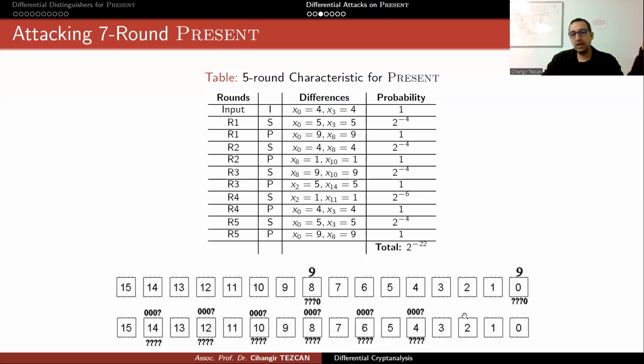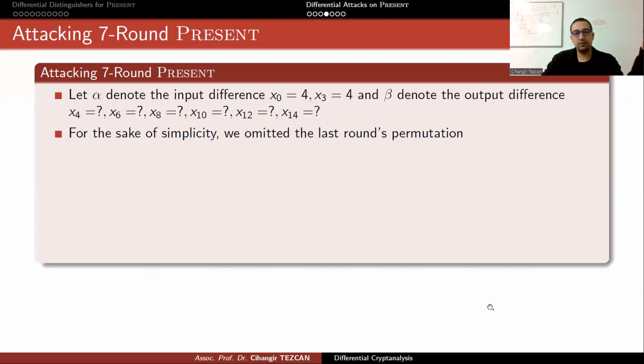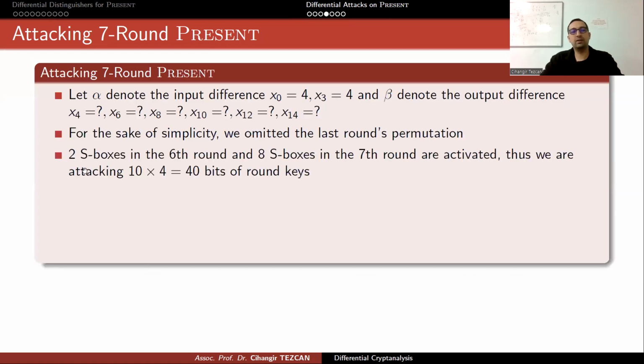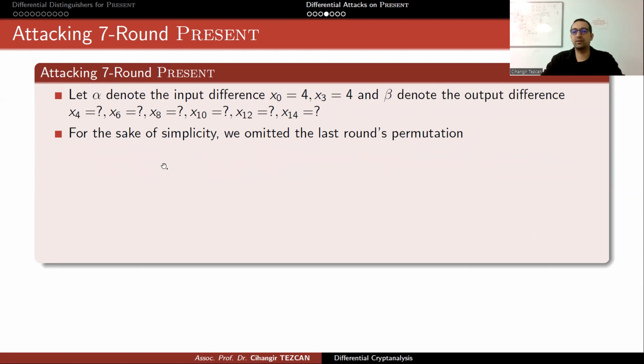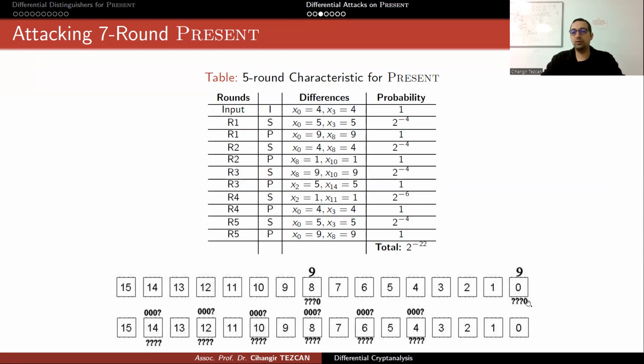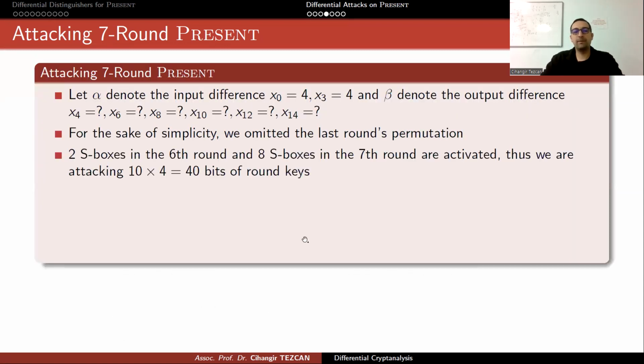Then, after the permutation, you need to know only places of these bits. So here it says that you only need to know 2 S-boxes in the 6th round, right? Because you only need to know key bits that are XORed to these parts. So, this one, this, and so on. So in total, this means 40 bits of round keys.